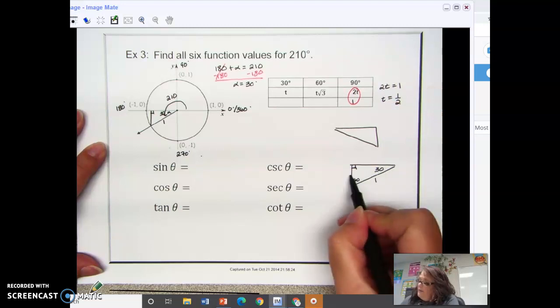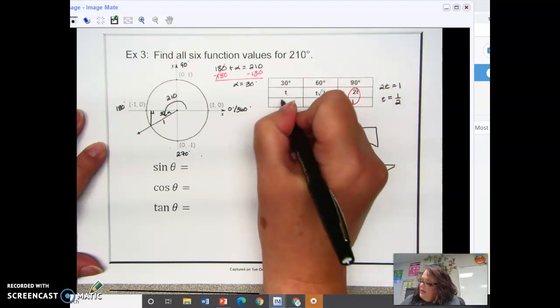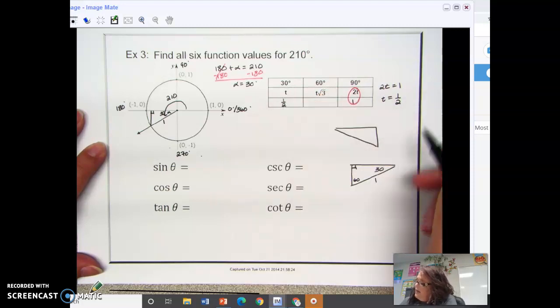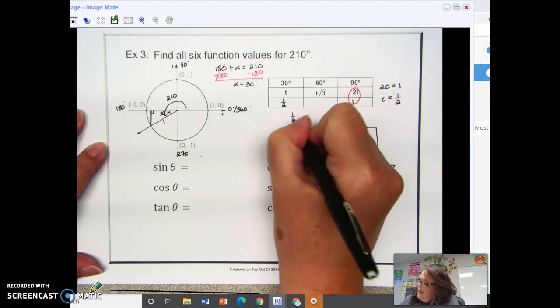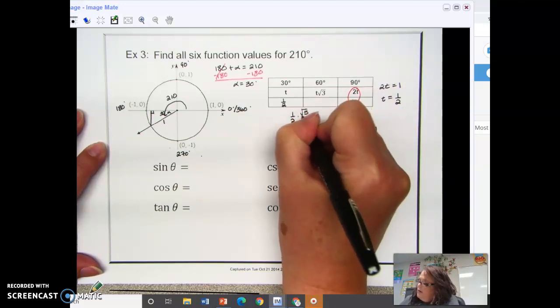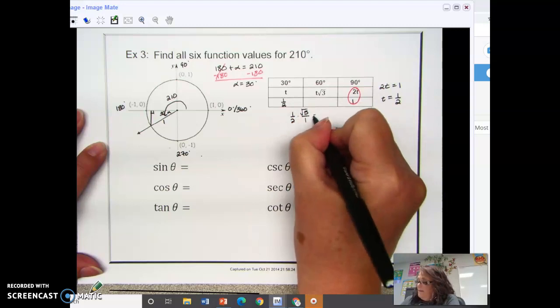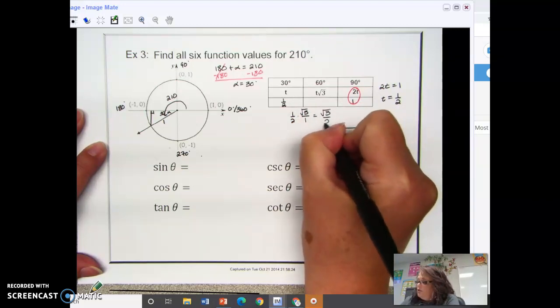So remember, opposite the 30 is the t, so that's going to be 1/2 here. And opposite the 60 is going to be t root 3. So if I do 1/2 times the square root of 3, I can call that the square root of 3 over 1. Then that gives me the square root of 3 over 2.